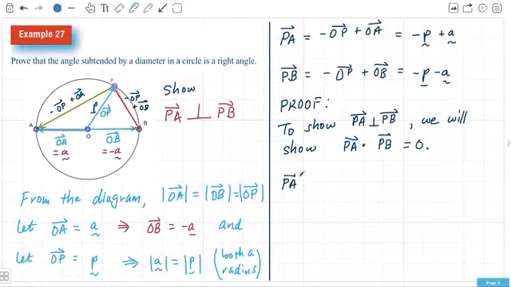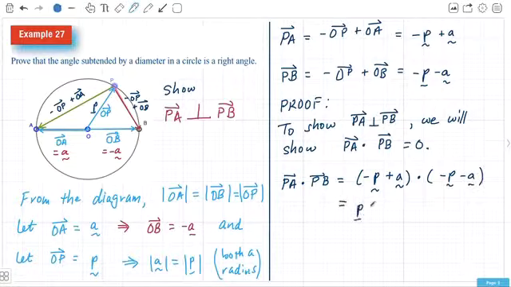So we've got PA dot PB equals, remember PA is this expression, negative P plus A, dot product with this vector here, P to B, so negative P minus A. Here we're going to do a bit of dot product action, negatives, they become positive, so it will be P dot P, plus P dot A, minus A dot P, and minus A dot A.